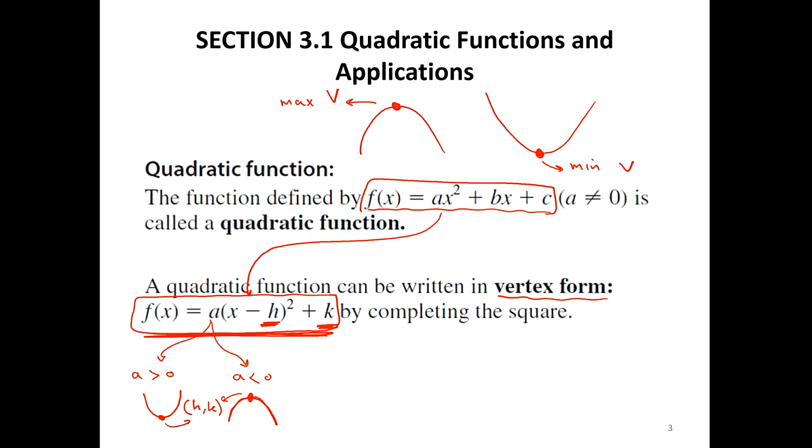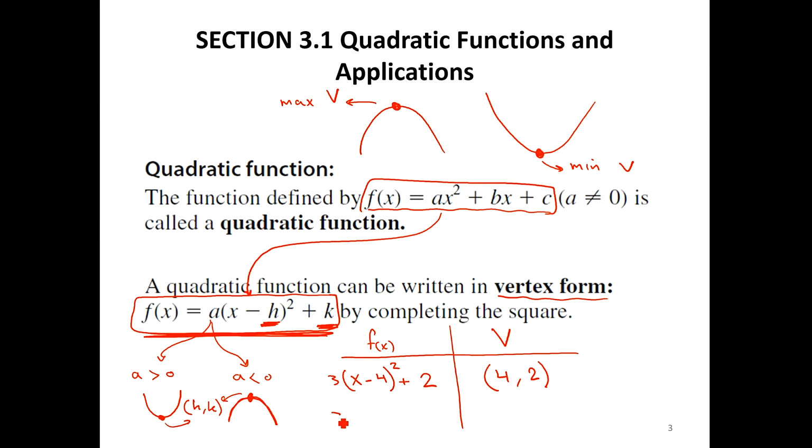So if we have f of x in this form and we need to find the vertex of the quadratic, for example, f of x equals 3(x minus 4) squared plus 2, the vertex equals what? 4 and 2.